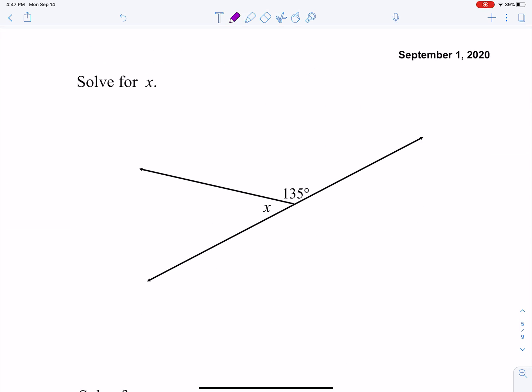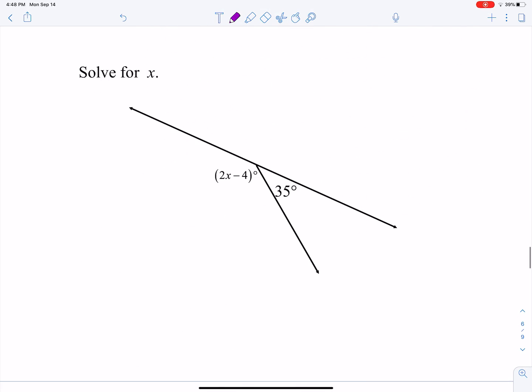So here I notice in the picture, these are a linear pair because they share a vertex and a side, and together they form a straight line, so they should add up to 180. 45 degrees equals x. Another picture of a linear pair.